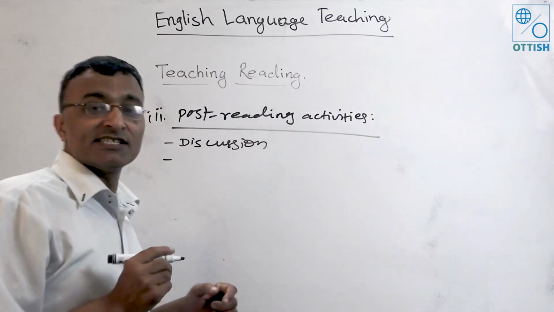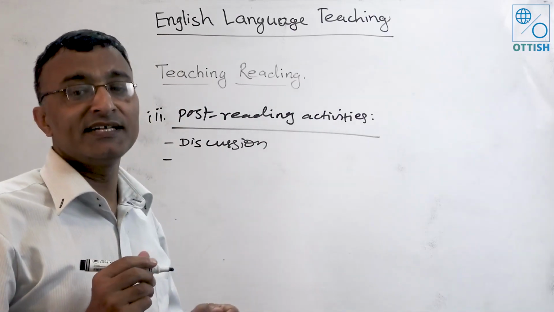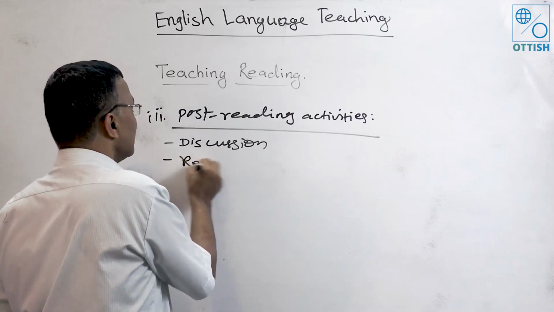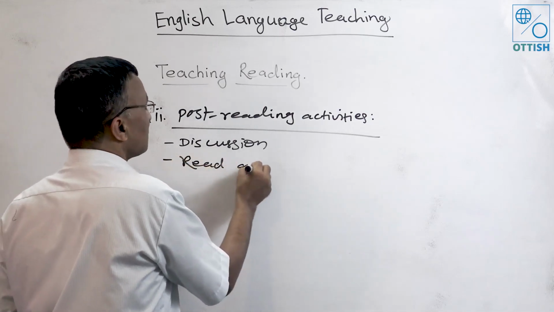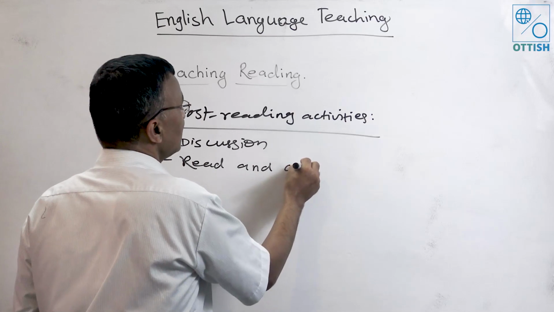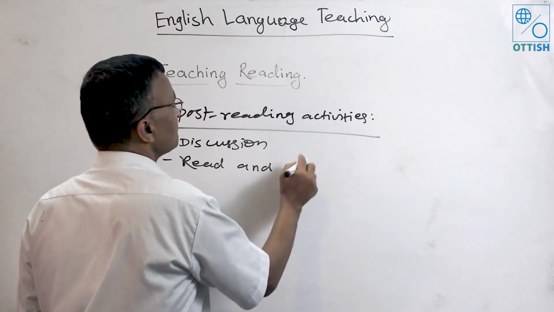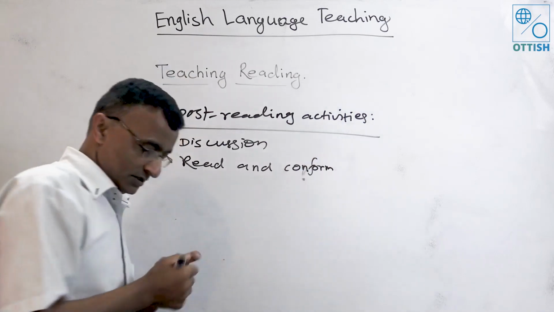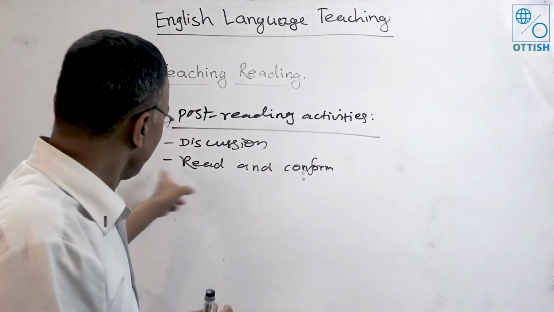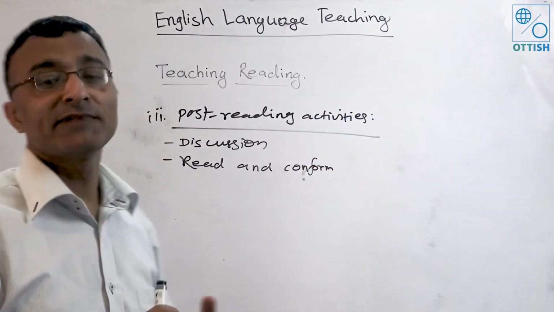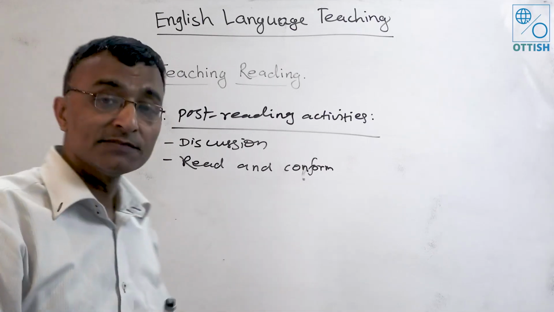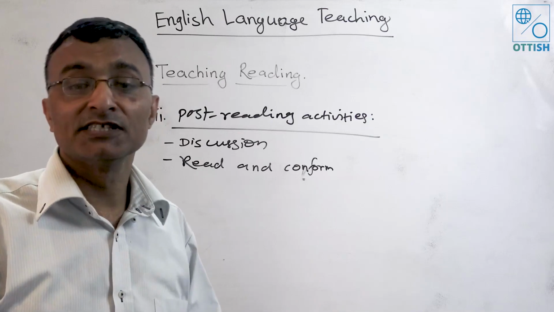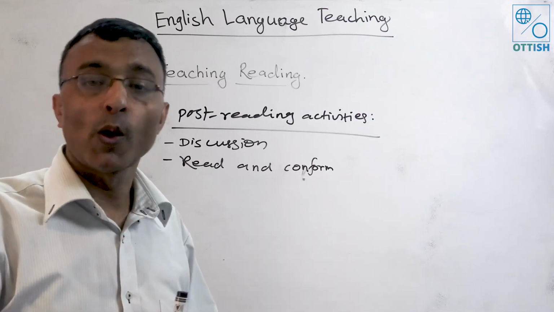Generally this stage is a rereading stage, and the read and confirm activity can be better for this. Read and confirm is one important, effective activity for this, because they are involved in doing various activities in the while reading stage.